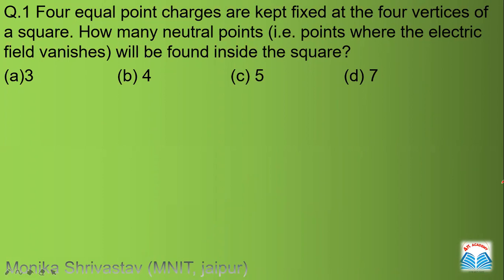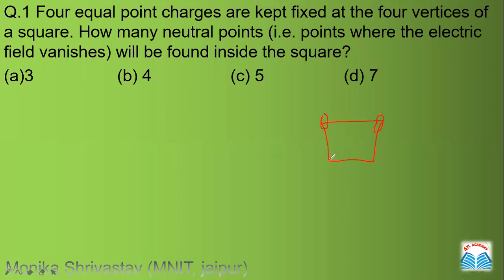A neutral point is a point in a symmetry where the electric field is zero. So we have four equal point charges. We will put them at the four vertices of a square. Let me make this. This is a square, and we will put four charges, one here and again one here.